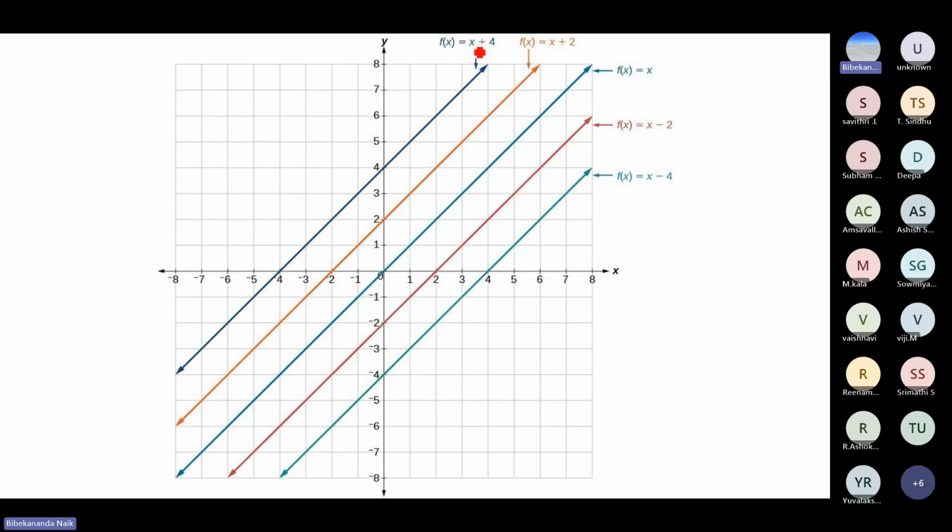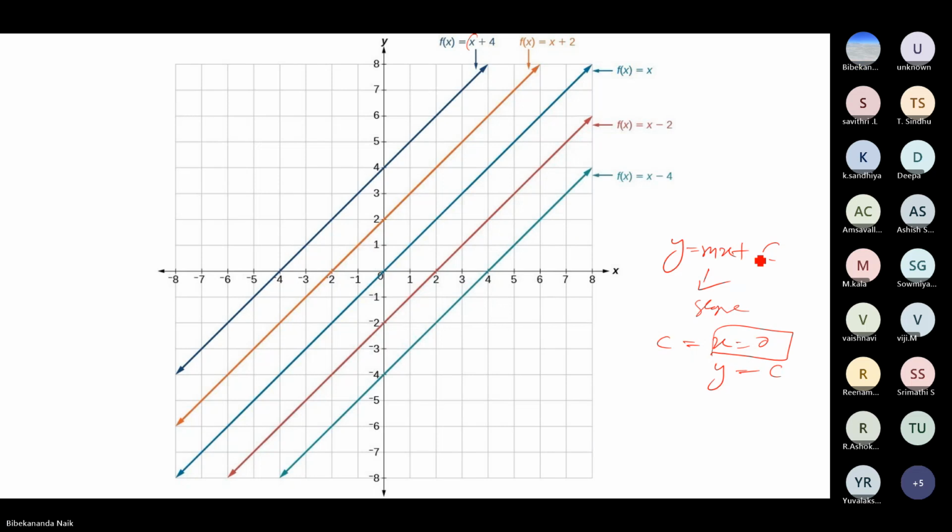So when you compare it with the equation of a straight line y equal to mx plus c, we know m is the slope and c is what? C is when we put x equal to 0, y equal to c. So at x equal to 0, we get the y-intercept.